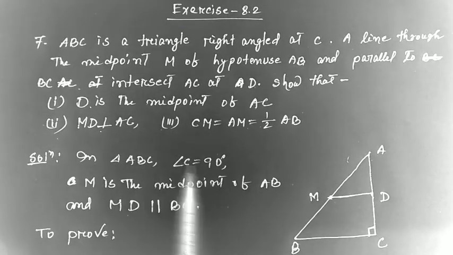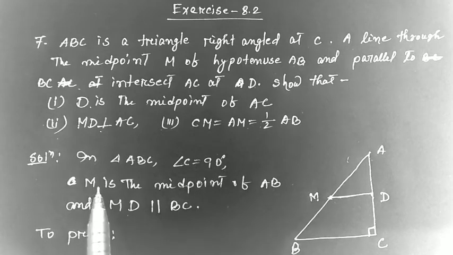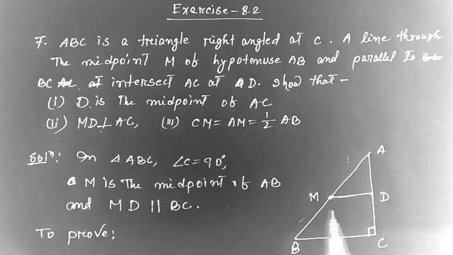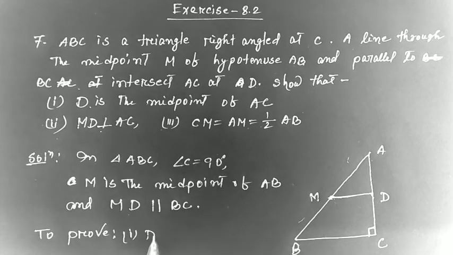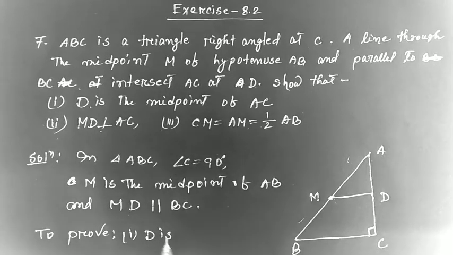Solution. We are given in triangle ABC, angle C is 90 degrees, M is the midpoint of AB and MD is parallel to BC. To prove, there are 3 things. First, D is the midpoint of AC.